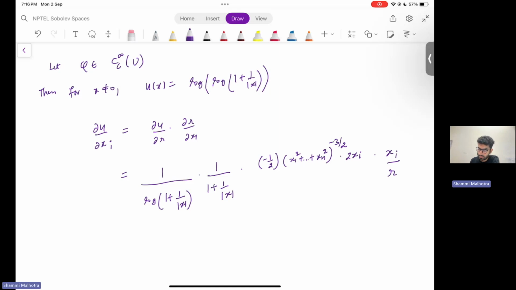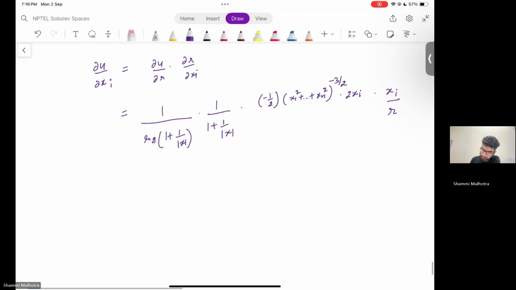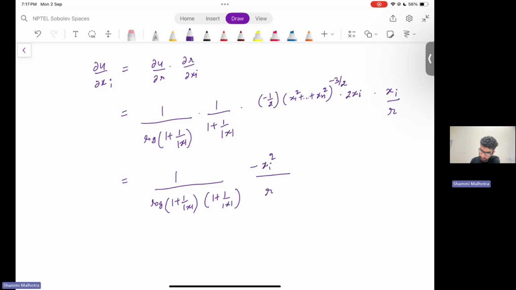So this is the del r by del x i. This whole can be written as 1 upon log of 1 plus mod x, 1 plus mod x, minus x i square divided by r to the power of 4.